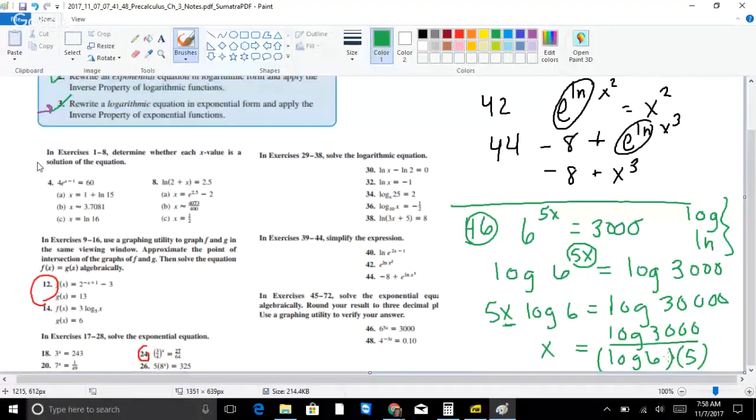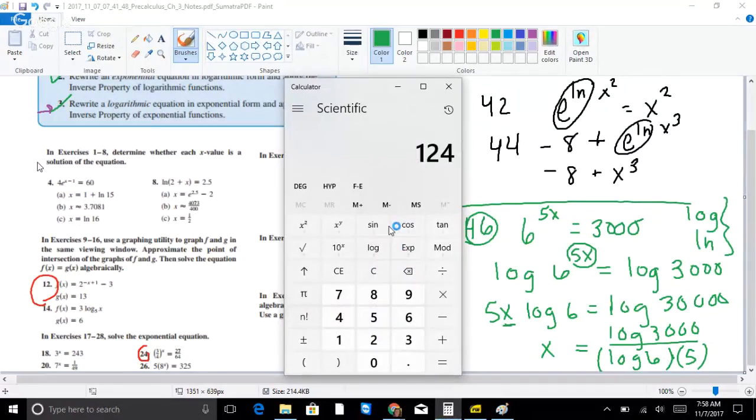Now, once you get here, you cannot do this by hand anymore. You'll see even the basic scientific calculator on my computer has a log function. So we have log of 3,000, divided by log of 6, and then I'm going to divide all that by 5.